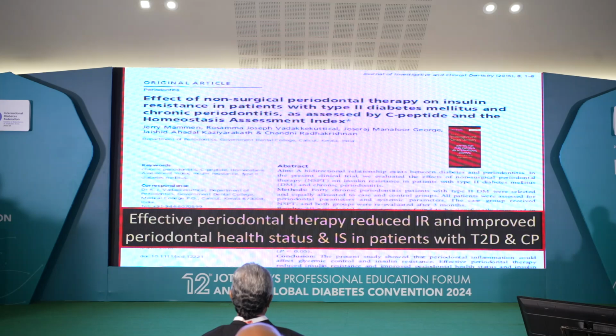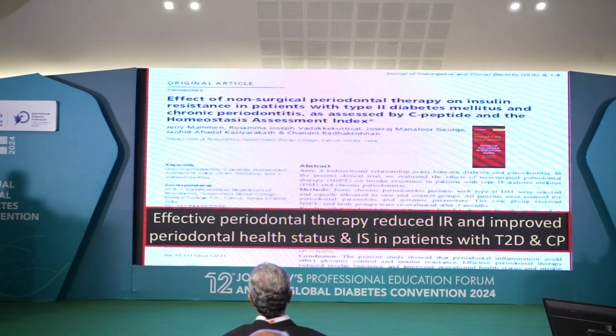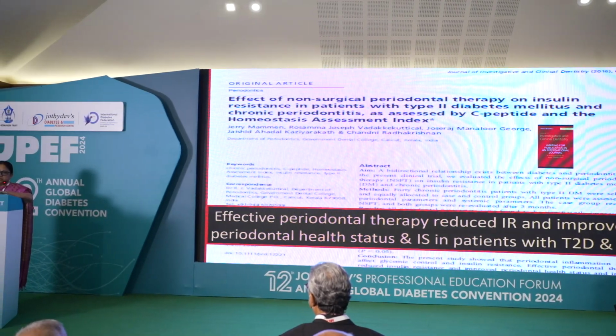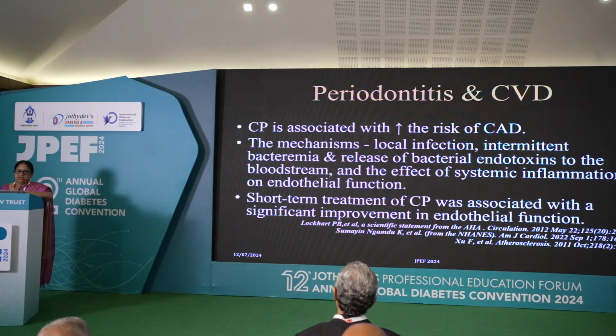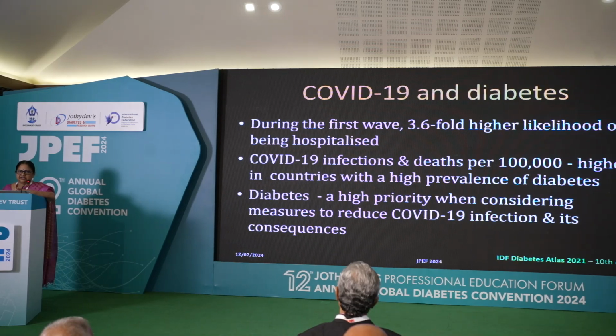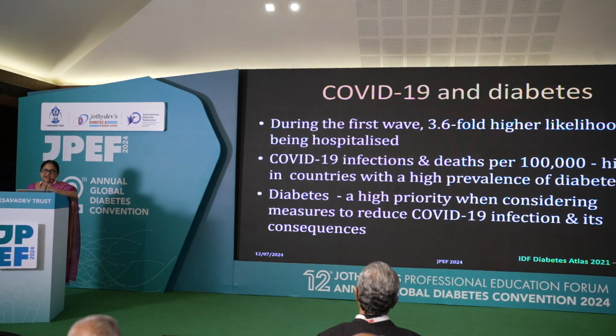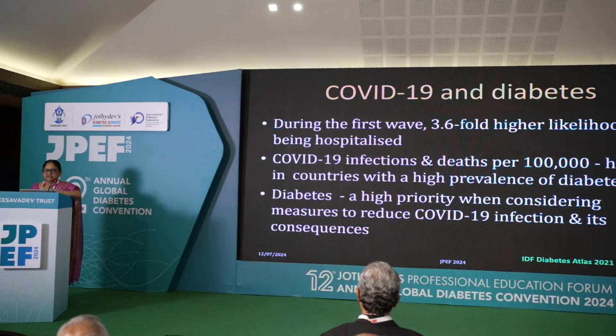Effective periodontal therapy reduces insulin resistance and improves periodontal health as well as insulin sensitivity in patients with type 2 diabetes and chronic periodontitis. And there is a high risk for cardiovascular disease when the patient has undiagnosed or unrecognized periodontal inflammation.